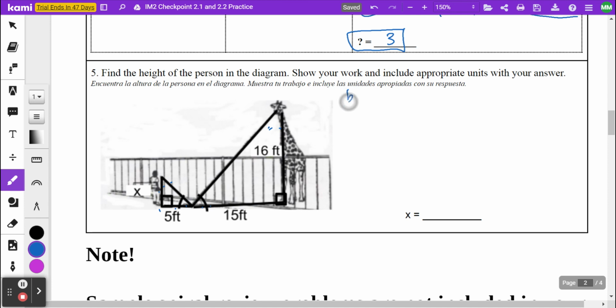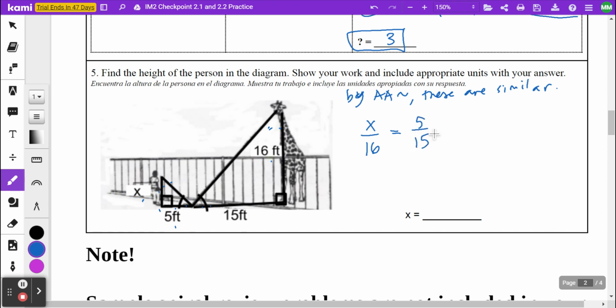So by angle similarity, these are similar. And that means I can set up a proportion to solve for x. So I'm going to do corresponding parts. X over 16 is equal to corresponding parts 5 over 15.